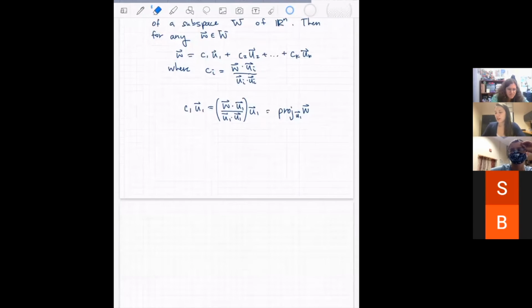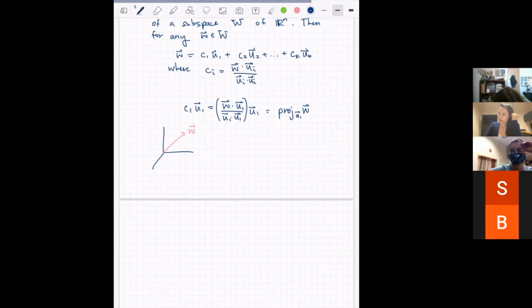So you could think of it, I guess it's easiest to see this in Rn or R3, where you have just the standard basis, right? And if you wanted to represent your vector W, say you didn't know what it was in the regular coordinates, the idea is that you can project it down onto one axis and that gives you the coordinate in that direction.